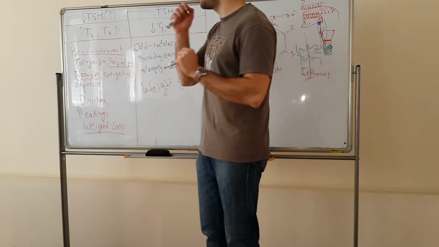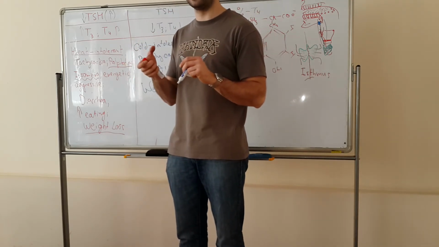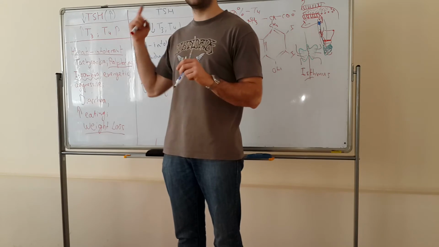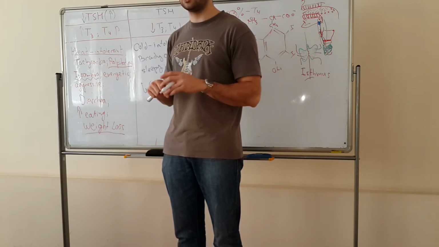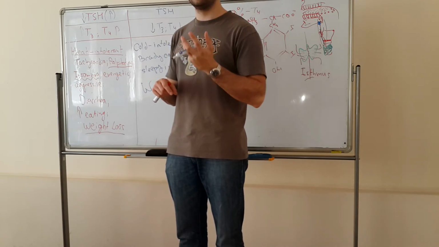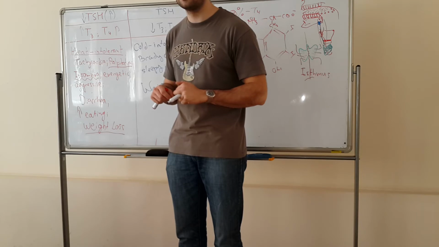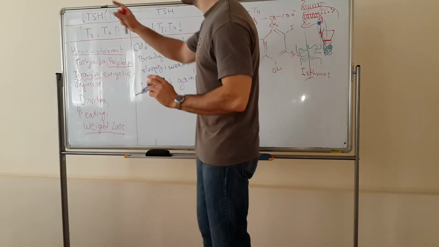But the thing is, if there's a high antibody level, the pituitary realizes that and the TSH goes down, because feedback will be working. Let me get there. So one more time.